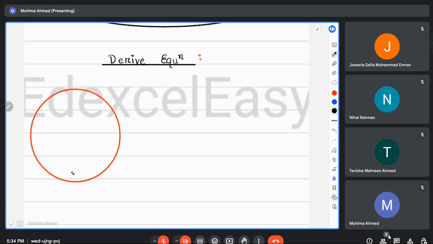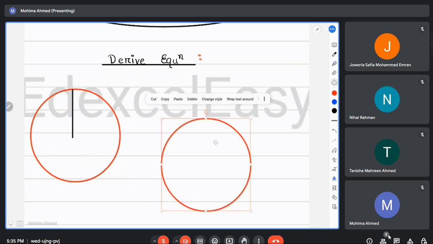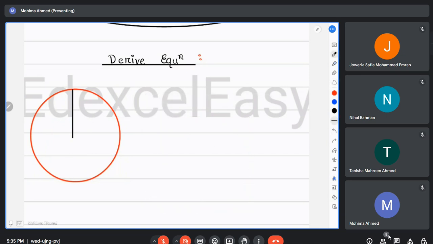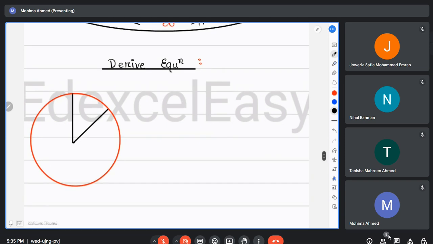Yeah, this is the center of the circle. Obviously, from the center to the circumference, or to this end of the circle, this is the radius, right?